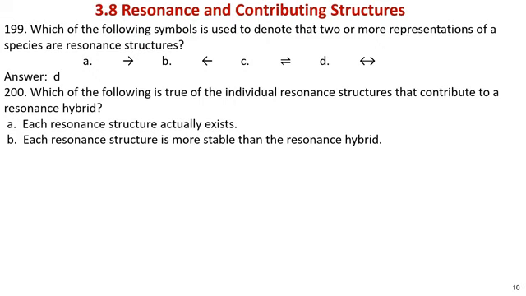Each resonance structure is more stable than the resonance hybrid? They are almost equal. That's not true. In going from one resonance structure to another, electrons move from one location to another. So this looks like the correct answer. None of these.